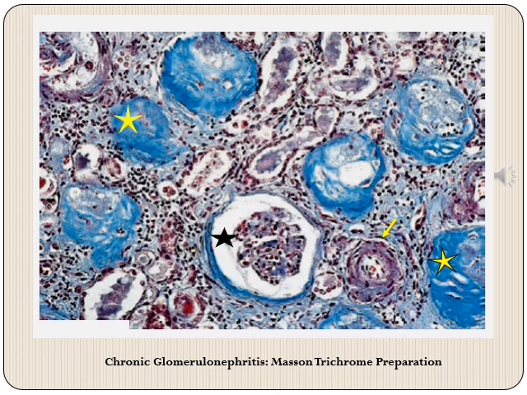This photomicrograph shows features of chronic glomerulonephritis on microscopy. This preparation is Masson trichrome stain, which is used to highlight connective tissue components.